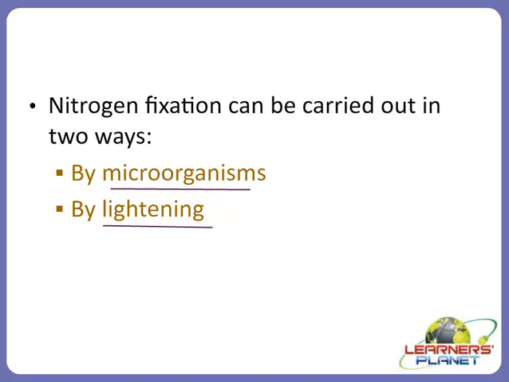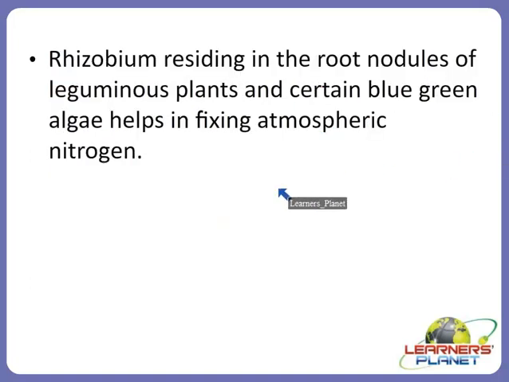Now, let us find out which microorganisms are used for a similar process. So the first example given here is Rhizobium. You must have heard this particular name. This Rhizobium is a bacteria. Where is this bacteria present? It is present in the root nodules of leguminous plants.